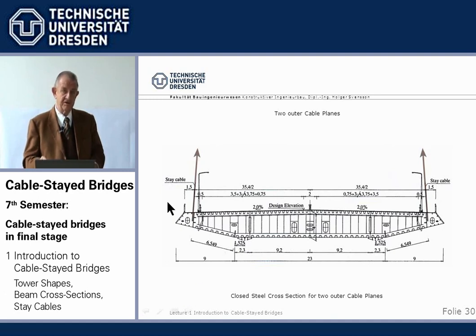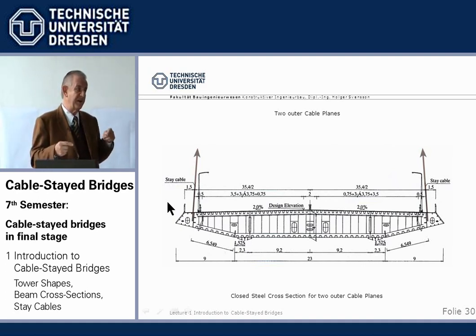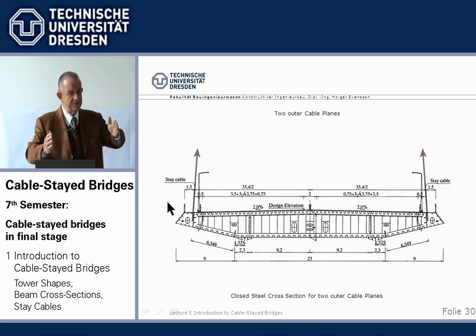It's not always required. However, a box, of course, increases the torsional stiffness, the torsional frequency, and therefore for the very long spans, we may use both the outside two cable planes, which provide us already torsional stiffness, plus the inner torsional stiffness.